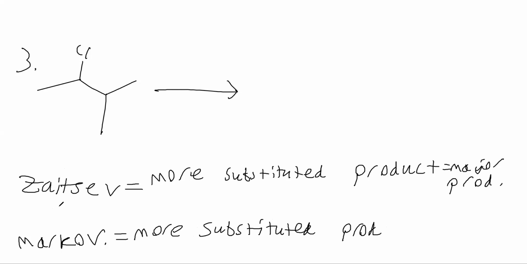But these two are like the same rule, just Markovnikov is for adding things, while Zaitsev is an elimination reaction rule, but they're both more substituted. That's what they're referring to.